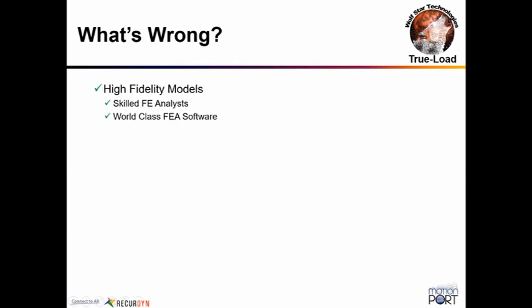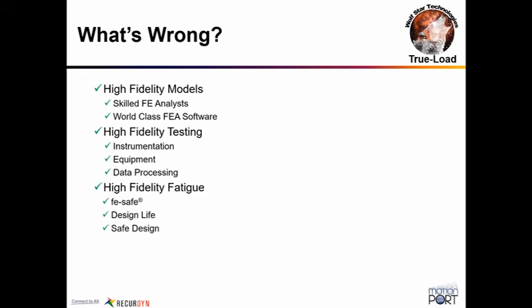So a lot of things people are doing right: high fidelity models, skilled finite element analysts, great software, great testing, instrumentation, equipment, data processing, great fatigue software. But on the other hand, people are finding too many variables to manage. Where do you put the gauges?